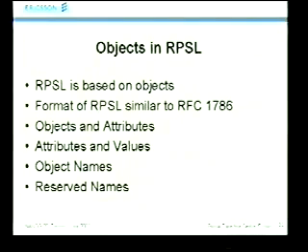You have objects and attributes. Now, coming from my database background, I called those records and fields. But the routing registry people talk about objects and attributes. The attributes have values, and each attribute can take a different attribute value type.